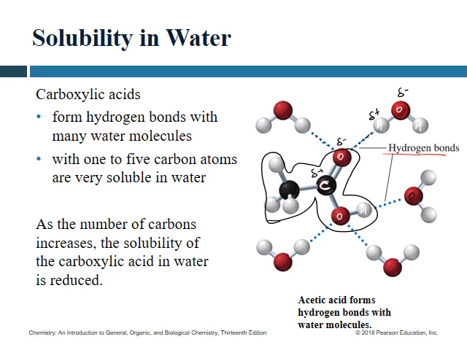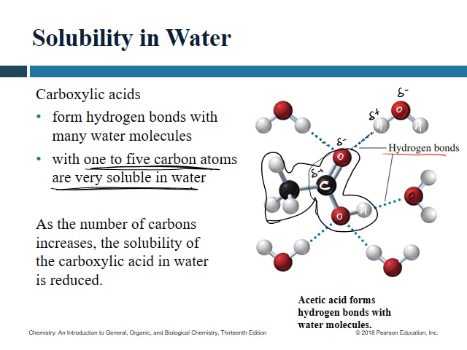But again, the carboxyl group is the only group that makes it polar, where if you increase the alkyl chain next to it, it will increase the non-polarity of this molecule, right? So the carboxylic acids with 1 to 5 carbon atoms are very soluble in water.